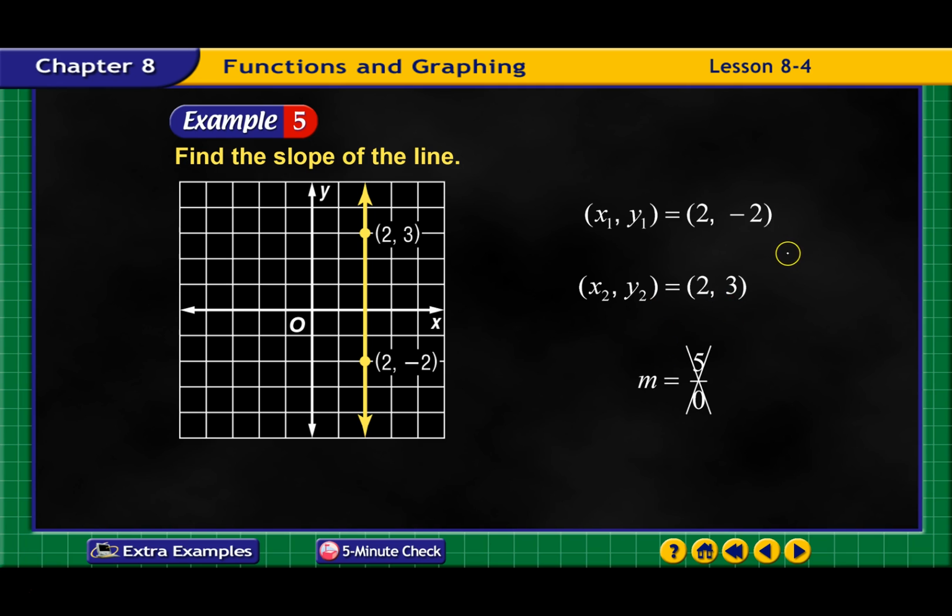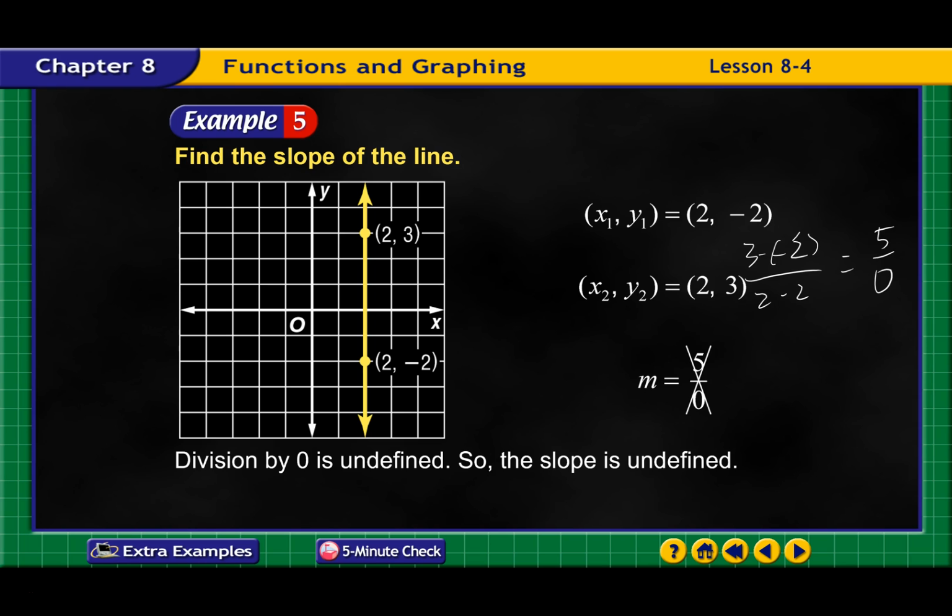So I'm actually going to do it: 3 minus a -2 over 2 minus 2 equals 5 over 0. You can't have a 0 in the denominator of a fraction. That's not a fraction, so it's not a slope either. So we call this an undefined slope. In your homework, you can just write undefined, or m equals undefined. So the slope is undefined.